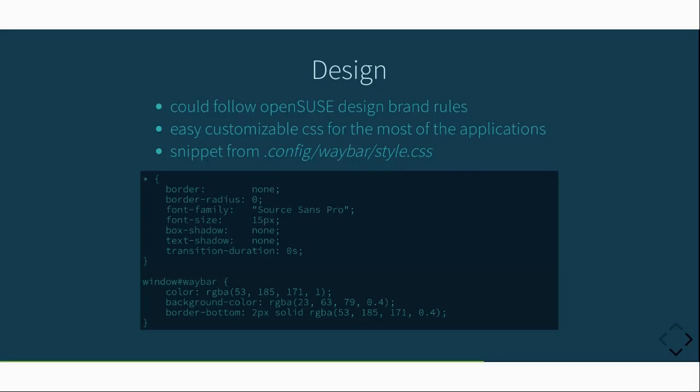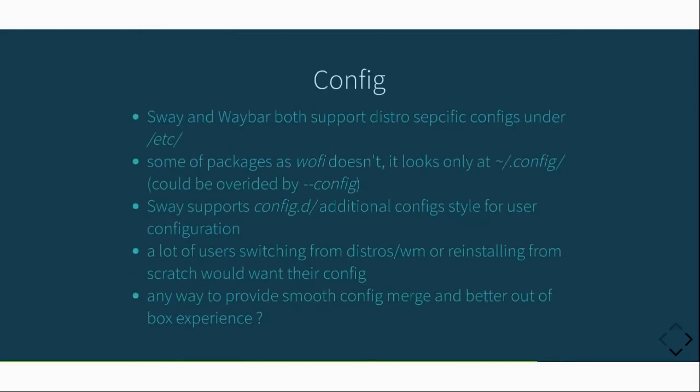Configs: Sway and Waybar support distro configs under /etc. You can put some predefined profiles there, but many of those applications somehow do not do that. They always look into the .config directory, which is local to the user.